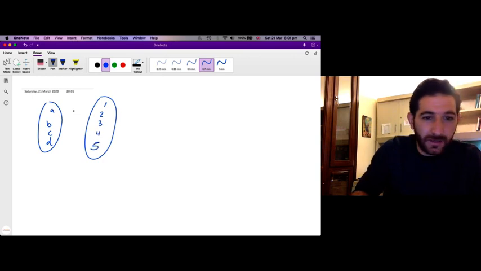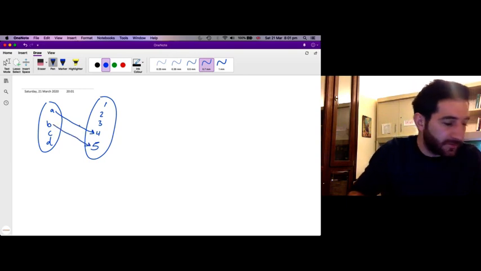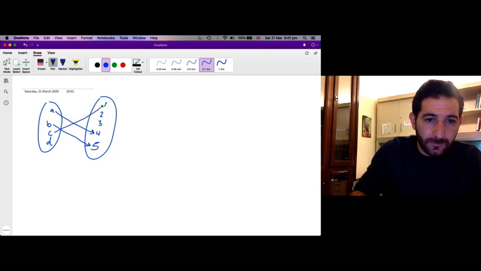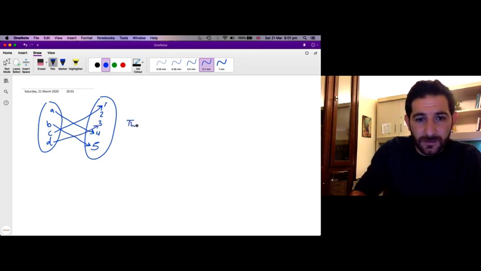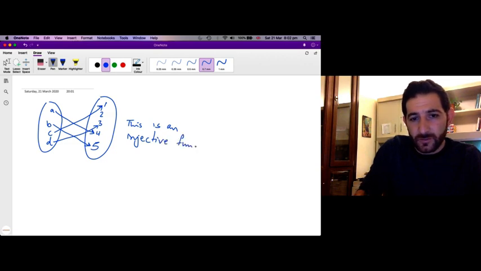The image of A is 4, the image of B is 5, the image of C is 1, and the image of D is 3. So this is an injective function. You see why, right?